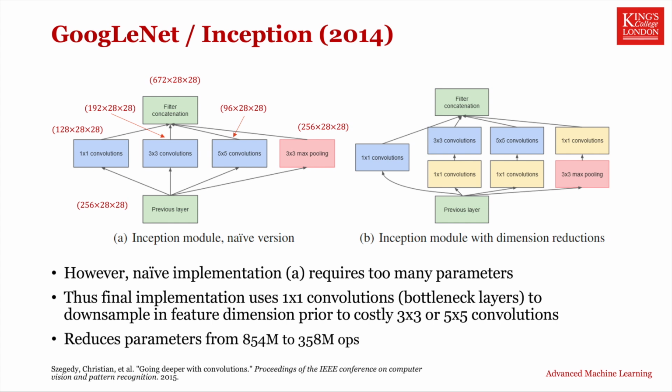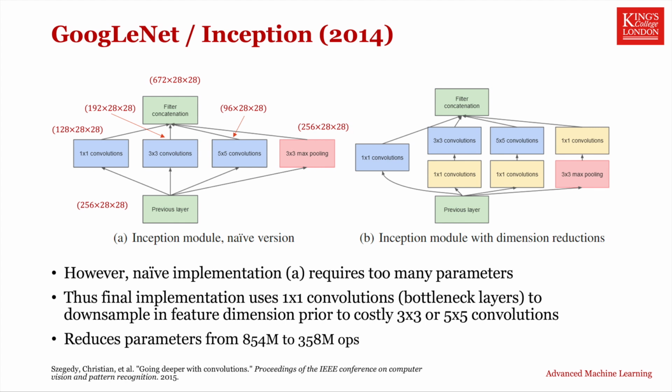The problem with it is that a naive implementation of this architecture instead increases network parameters. Thus, to get it to work, they needed to insert one-by-one convolutions before the larger kernels, which merge activations and therefore reduce the channel dimensions, and hence reduce the number of parameters needed to be learned overall.